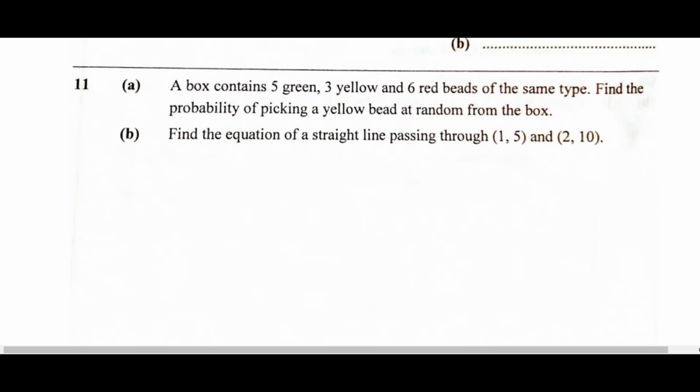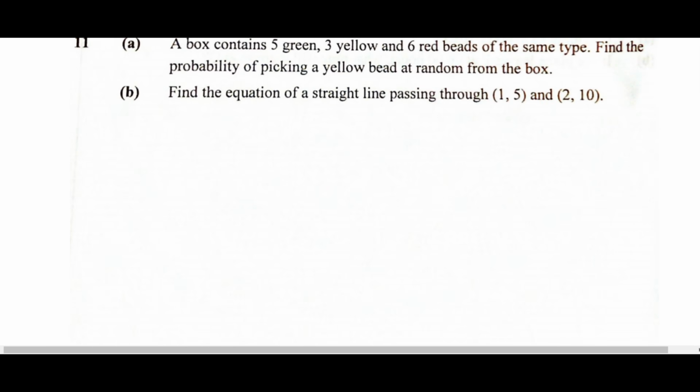So we move on to question 11a. A box contains 5 green, 3 yellow and 6 red beads of the same type. Find the probability of picking a yellow bead at random from the box. So for probability, we want the yellow. So this is equal to how many yellow?